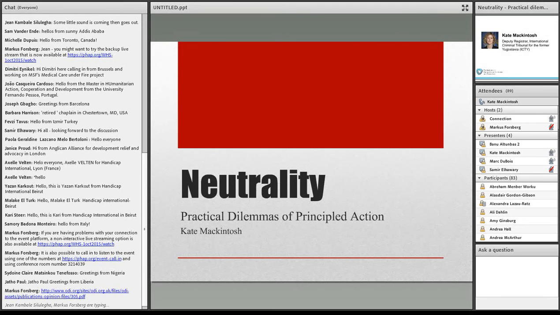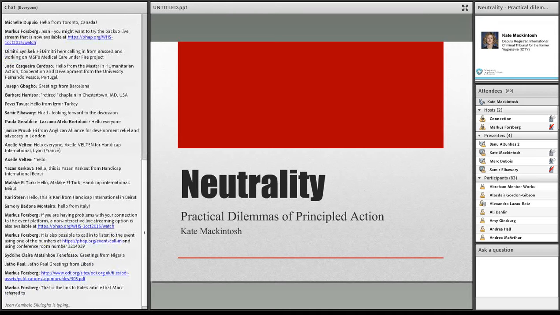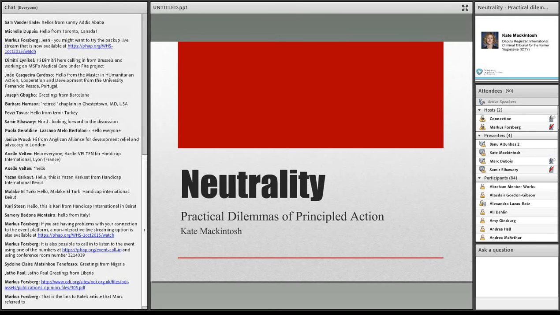Now, neutrality is, of course, one of the fundamental principles of the Red Cross movement. And these principles, as you will know, have also been adopted by the United Nations to cover its humanitarian work. And most humanitarian NGOs have also indicated their commitment to them. Just to put it into context, humanity is the fundamental principle.